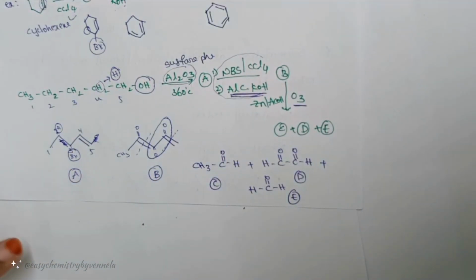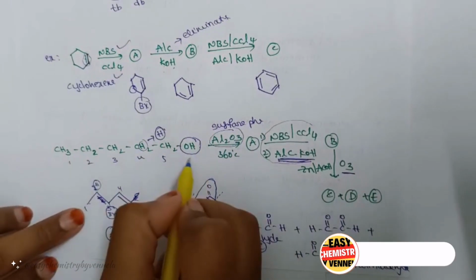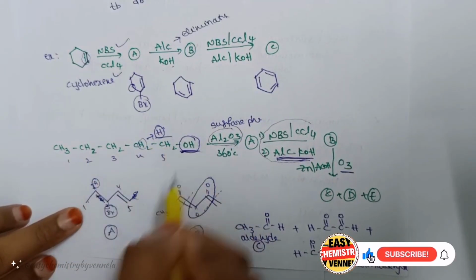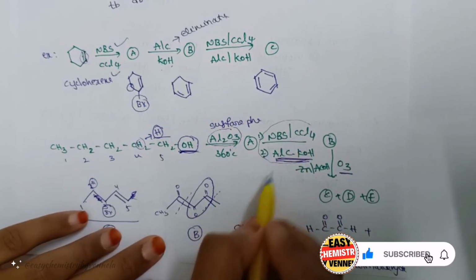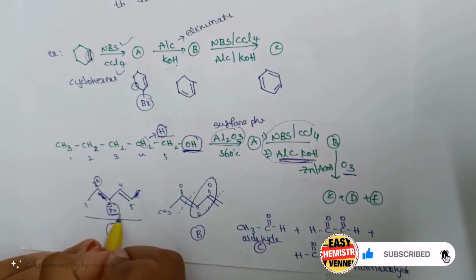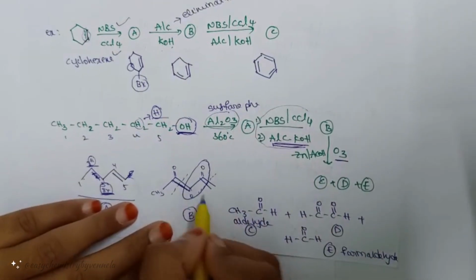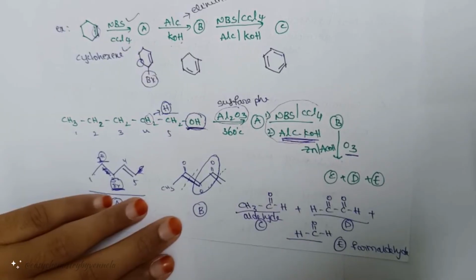C, D, E. I think you understand this example. First, removal of hydroxy and removal of hydrogen, product like this. After this NBS reaction with this, by removal of bromine and here hydrogen, it can form a double bond. By ozonolysis, products like aldehyde, glyoxal and formaldehyde.